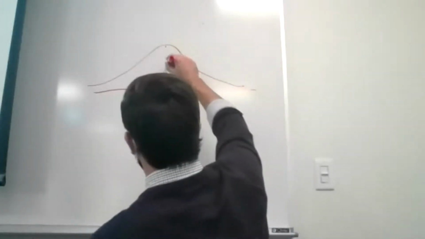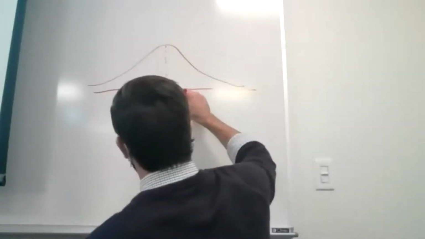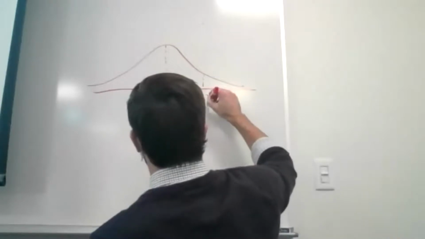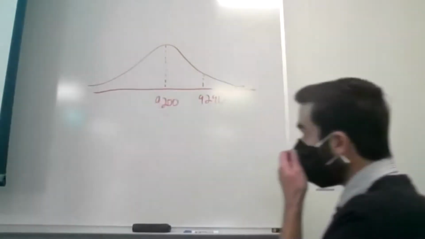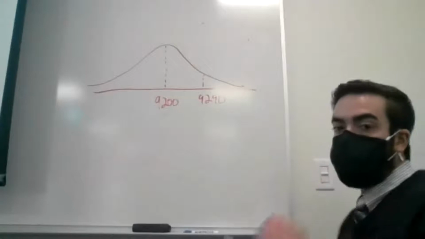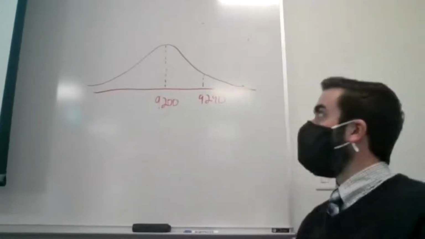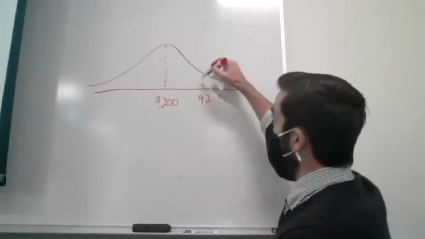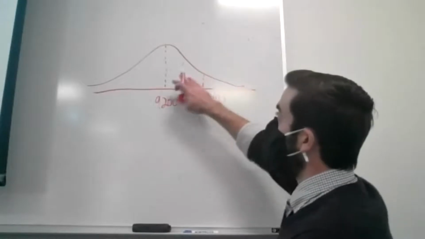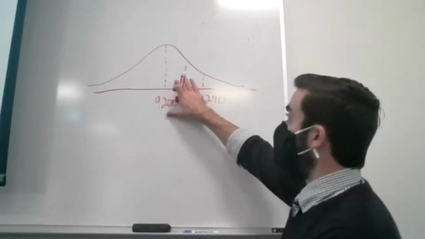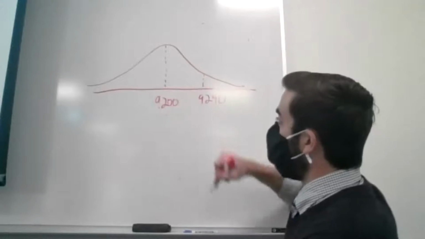Let's say we've got this value of 9,200 and I see 9,290. So what I could do is test that against this assumed true value. I failed to reject, right?